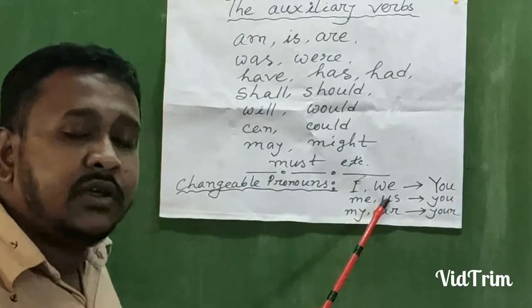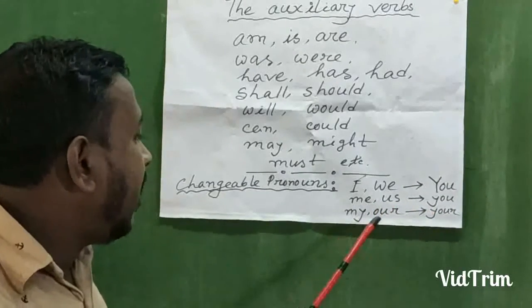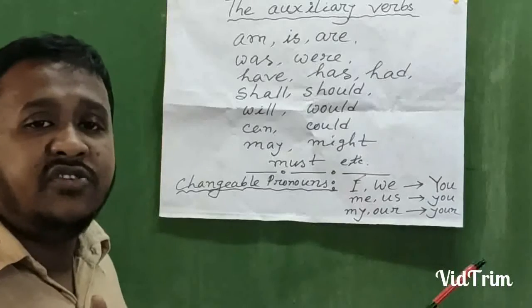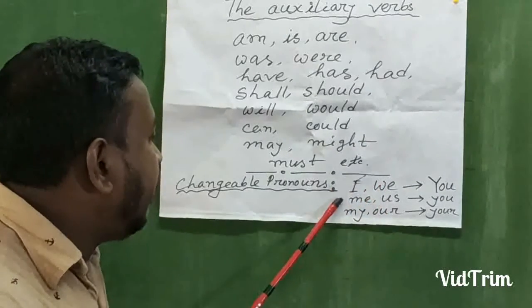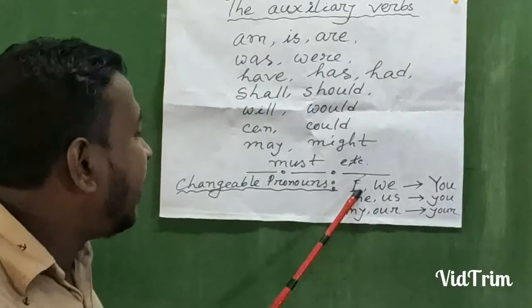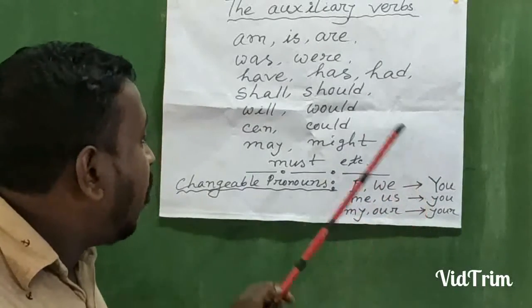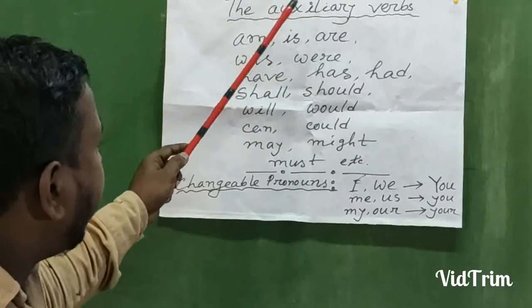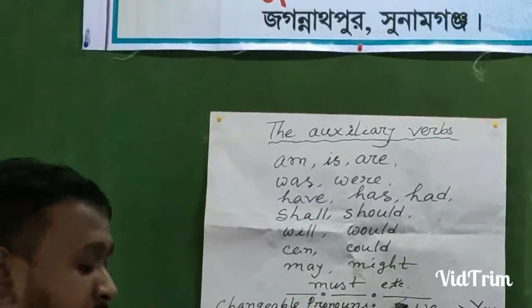Me, us will be changed into you. My, our will be changed into your. So if we get these pronouns in given sentences, we must change them into these. So we have been introduced to the auxiliary verbs and changeable pronouns.